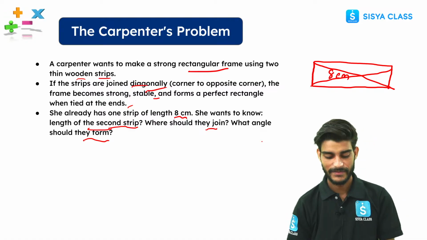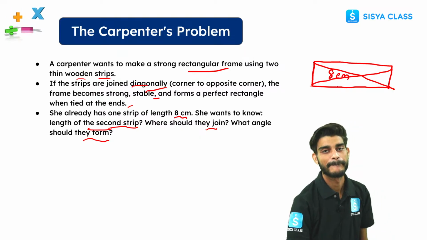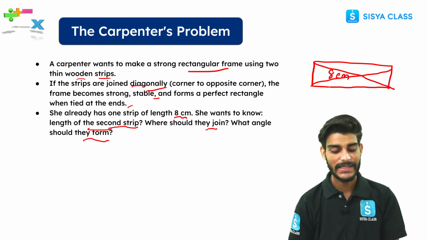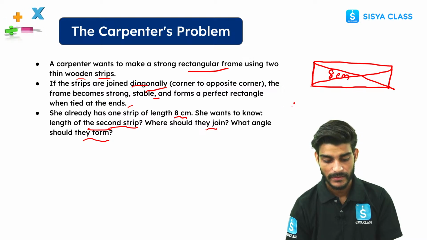Properties of a rectangle. In a rectangle, the diagonals are equal. Yes or no?